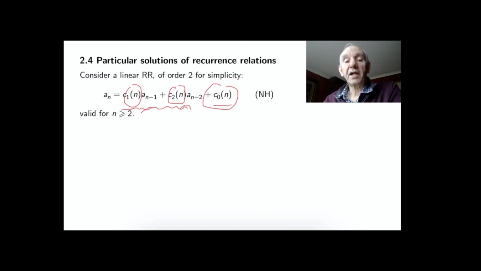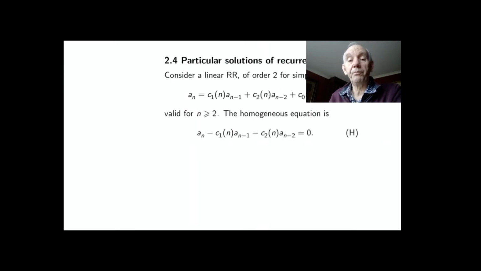So that's the equation I want to consider now at a theoretical level. And as before, even if C1 and C2 are not constants, we ought to first of all look at the associated homogeneous recurrence relation. That simply means that we forget the last extra term.